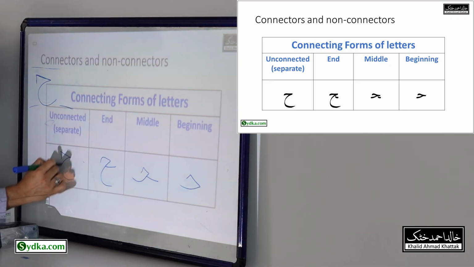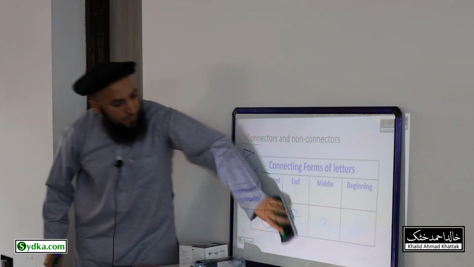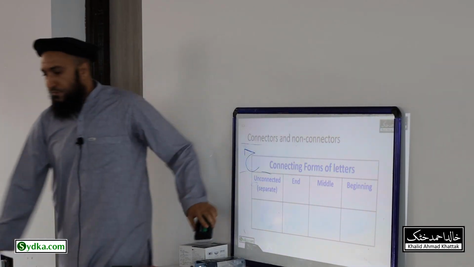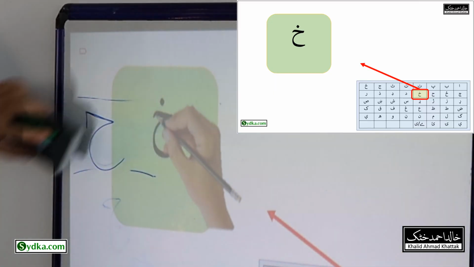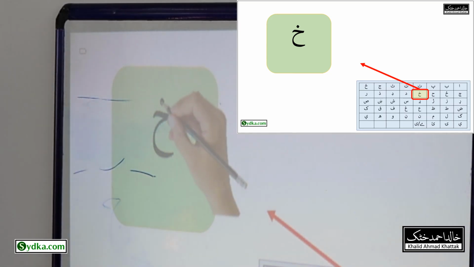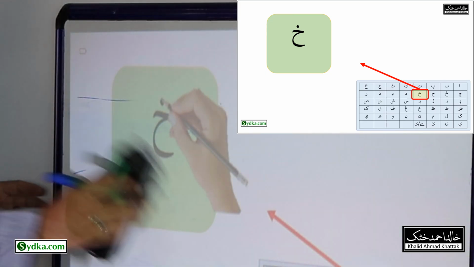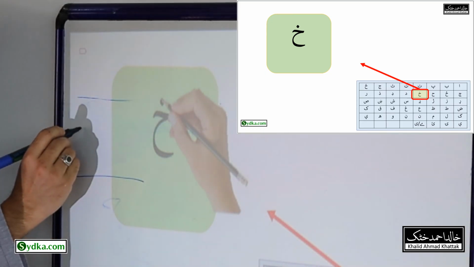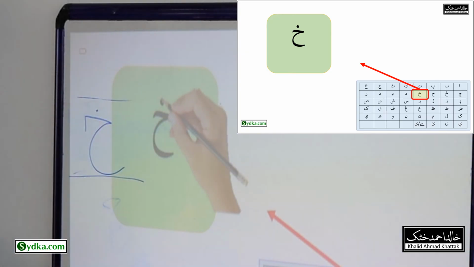And we have on its own. Okay? So we write hey, and we have dot on top of it. That becomes hey. So from here, go to the right and dot.